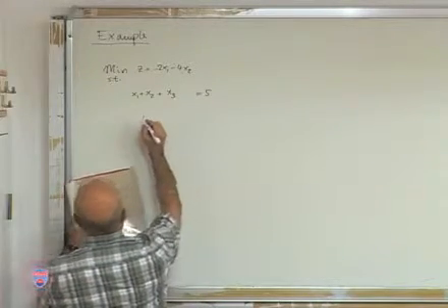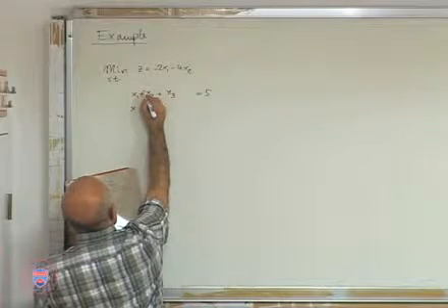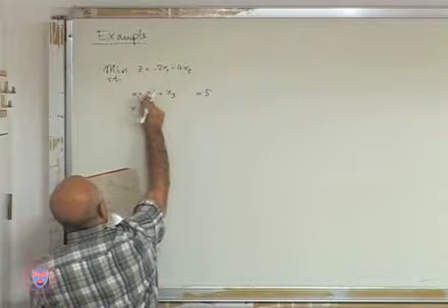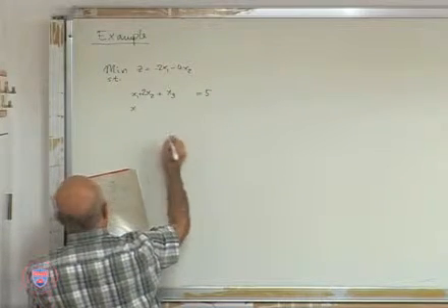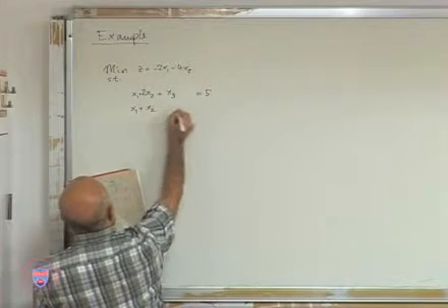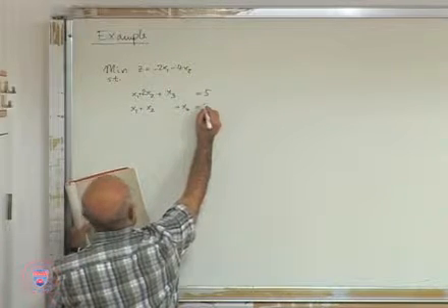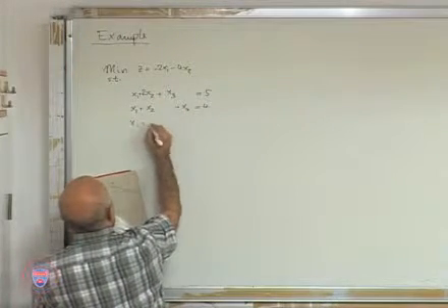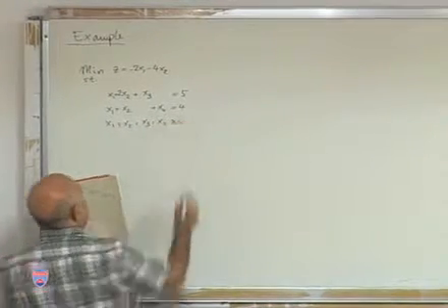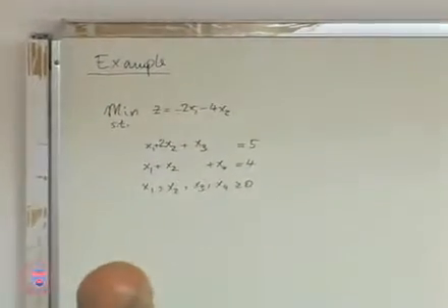I made a mistake earlier; this one is x1 plus 2x2 plus x3 equals 5. And the second one is x1 plus x2 plus the slack variable x4 equals 4. So this is the standard form of the problem.